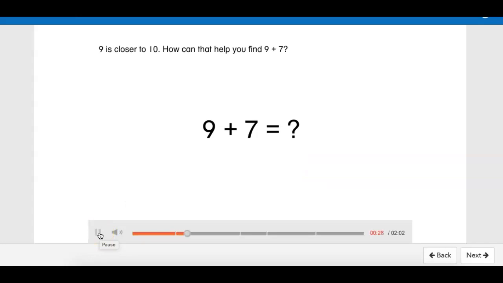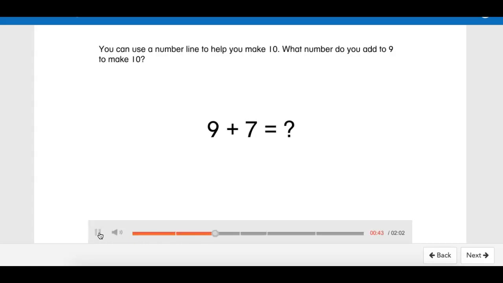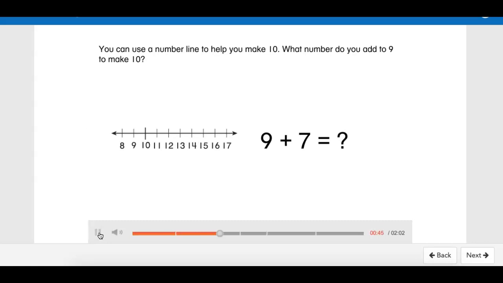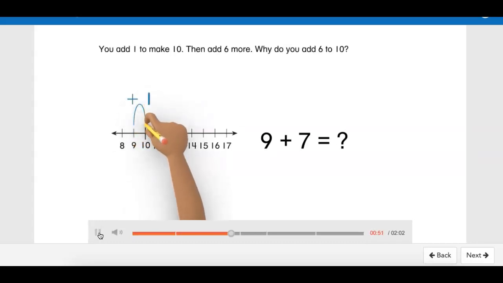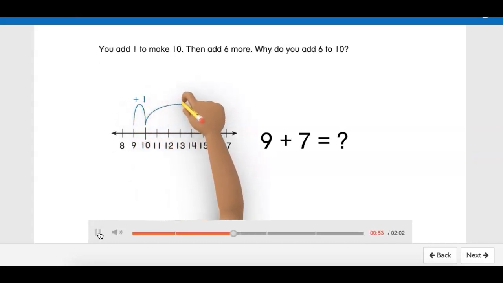How can that help you find 9 plus 7? Since 9 is only 1 away from 10, you can start adding by making a 10. You can use a number line to help you make 10. What number do you add to 9 to make 10? You add 1 to make 10, then add 6 more.